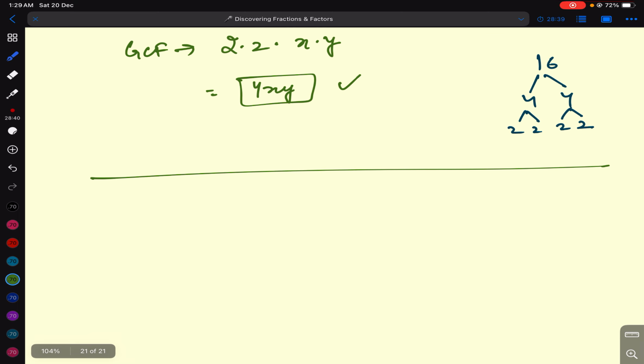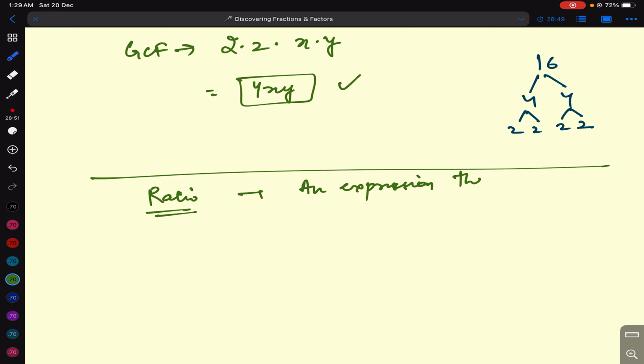Now, what is ratio? Next we are talking about ratio. Ratio is an expression that tells us the quotient of two numbers. So basically when you divide two numbers and you get the quotient, that's what the ratio is.